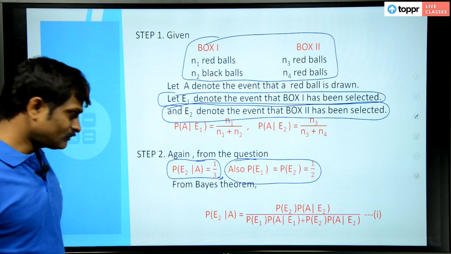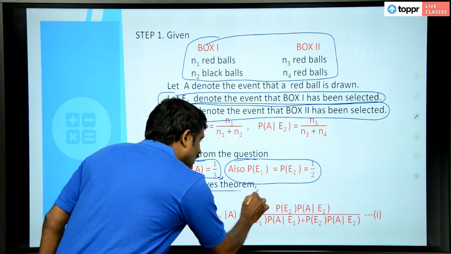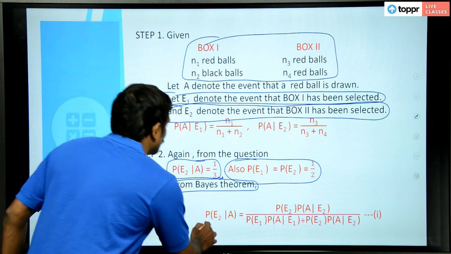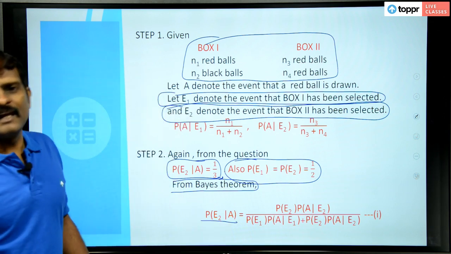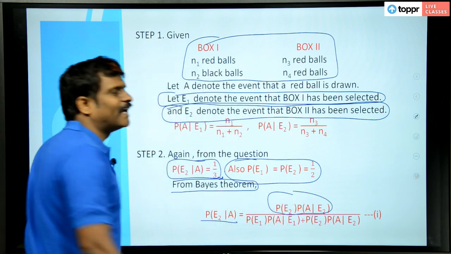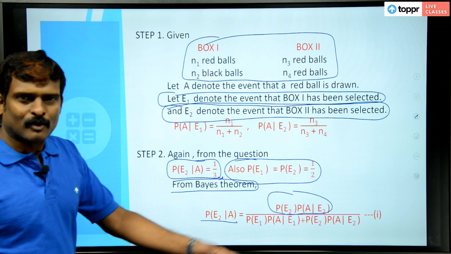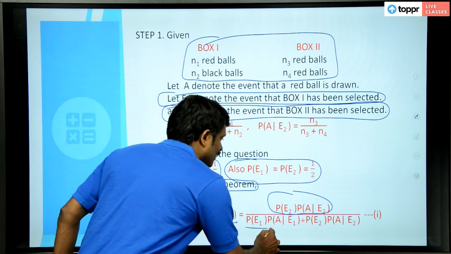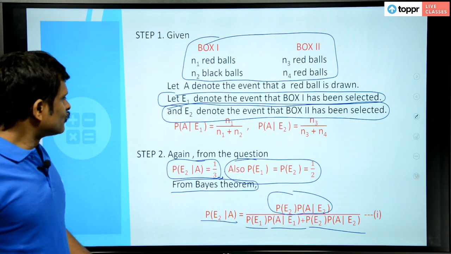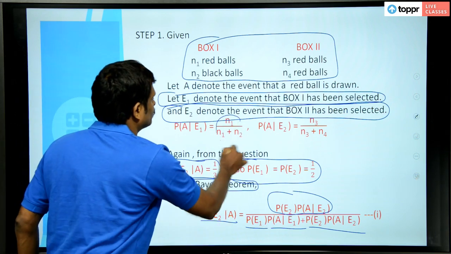So, now we will use Bayes theorem. Probability of E2 given A is nothing but probability of E2 times probability of A given E2, divided by the total probability, probability of E1 times probability of A given E1 plus the same for E2.